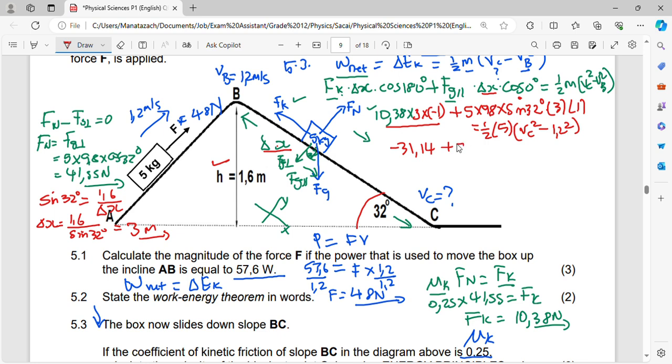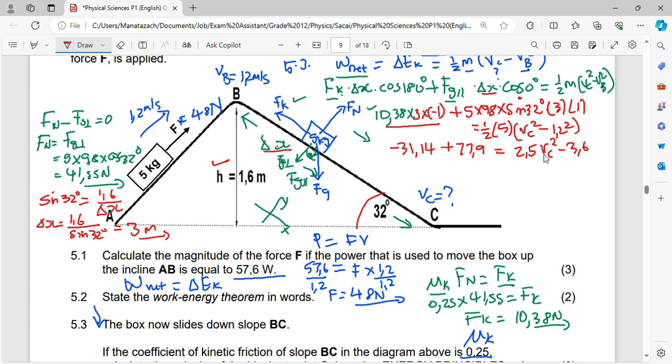That gives me 77.9. That will be equal to my change in kinetic energy, which is 0.5 times 5. That will give me 2.5, and then times Vc squared minus 2.5 times 1.2 squared. So here I'll get 3.6.